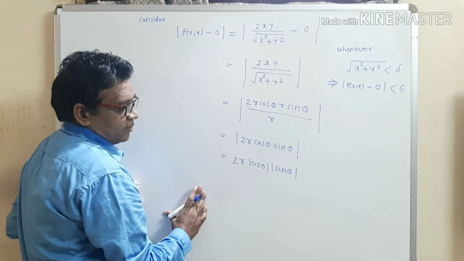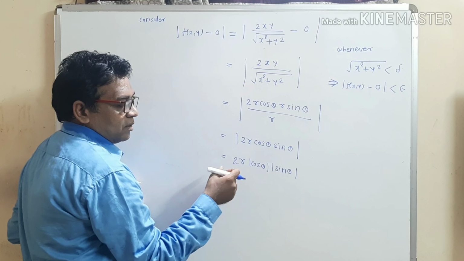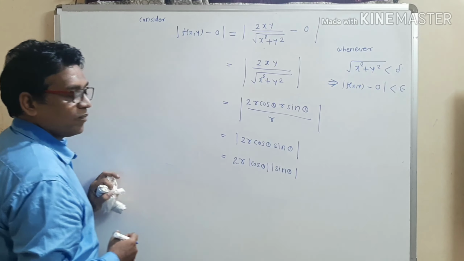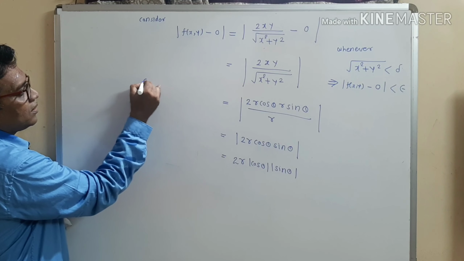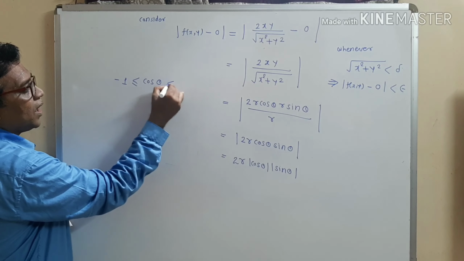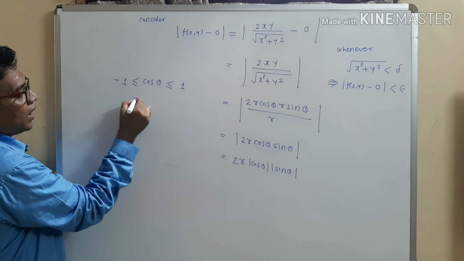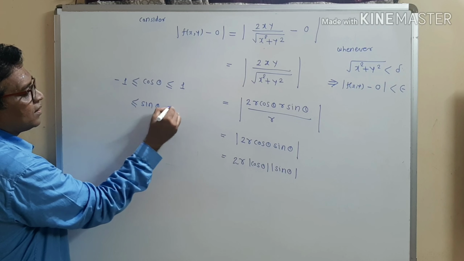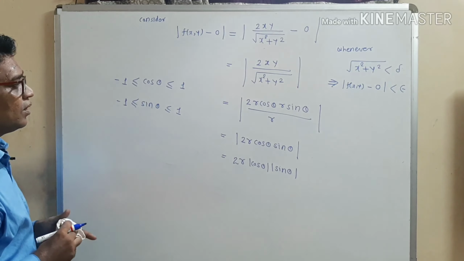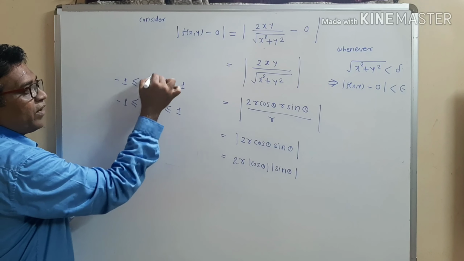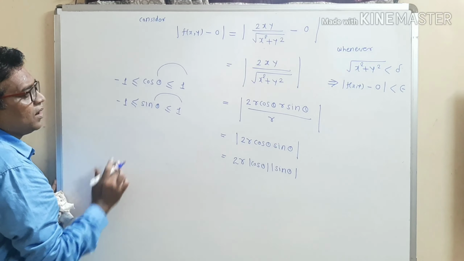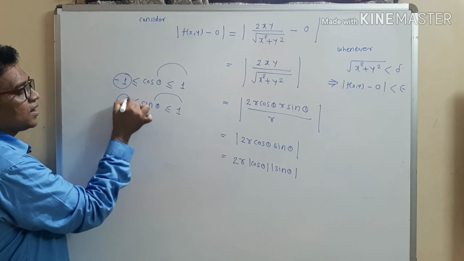Now at this stage, we use the maximum value for cos theta and sin theta. Now we know that cos theta lies between -1 and +1, as well as sin theta lies between -1 and +1. The maximum value for cos theta is 1. The maximum value for sin theta is 1, and -1 is the least value for cos theta and sin theta.